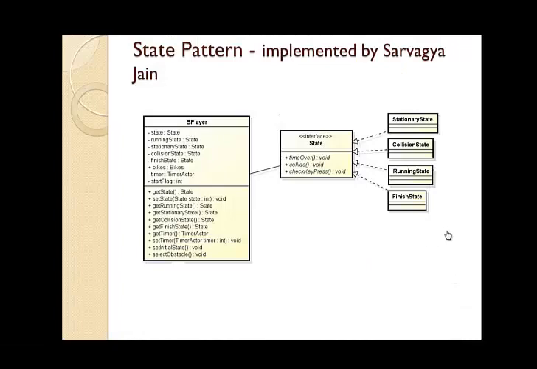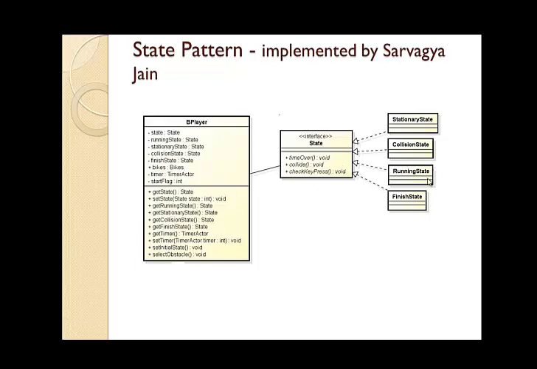So we can see the state interface over here and 4 states implementing the state interface. Here bike player, or the B player, is our context class. So let's see the 3 methods that we have implemented in the state interface. The timeover method checks that if the value of timer is 1 minute, the game should reach finish state.